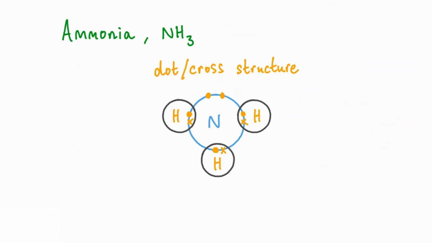The structure we see here for ammonia is known as a dot-cross structure or a dot-cross diagram. In this structure, dots represent valence shell electrons for the nitrogen atom and crosses represent valence electrons for the hydrogen atoms. Dots and crosses are placed in overlapping circles to represent single covalent bonds.